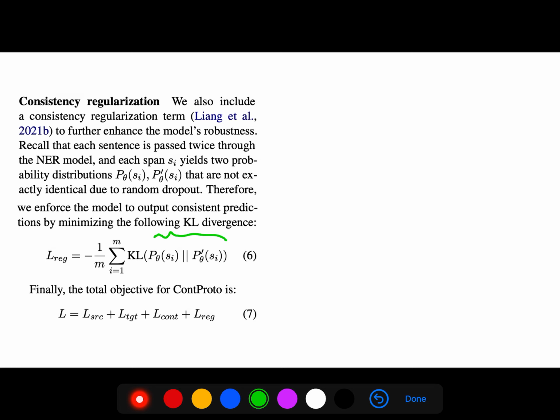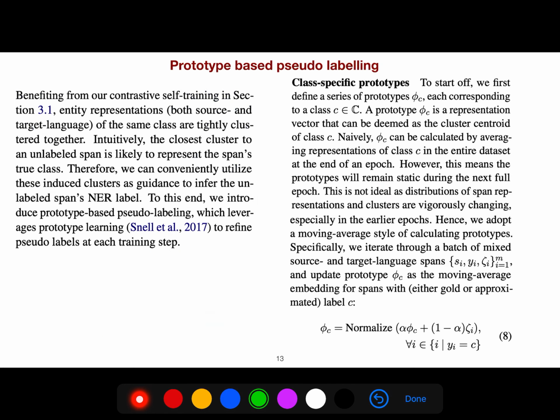Each span Si yields two probability distributions because each sentence is passed twice through the NER, and each span yields the two probability distributions. So this is a way that we are using regularization. So this is the final term: we use contrastive learning, we take the source and the target, and finally regularization.